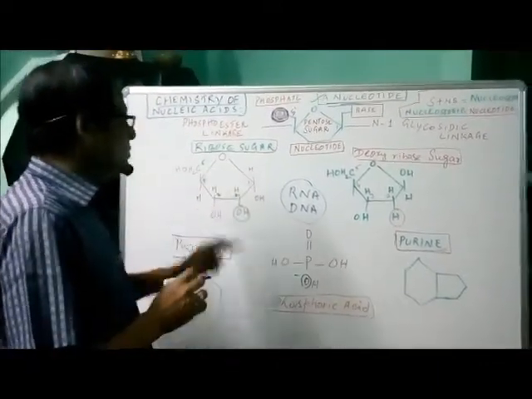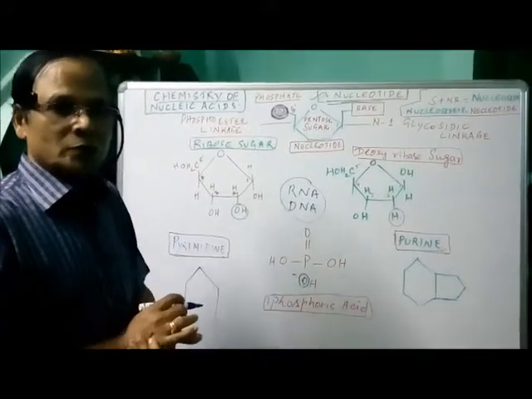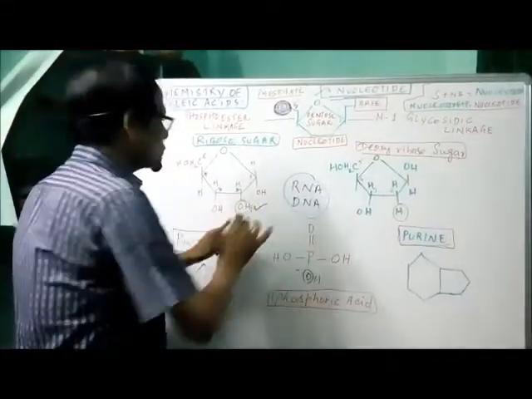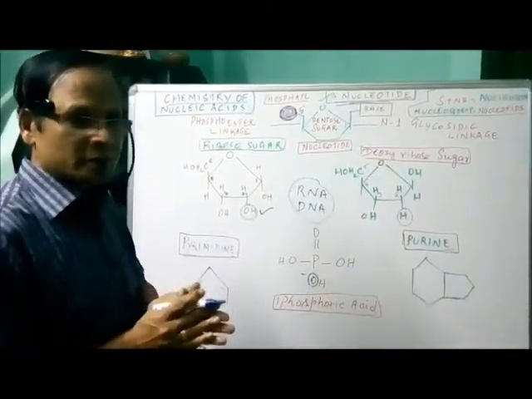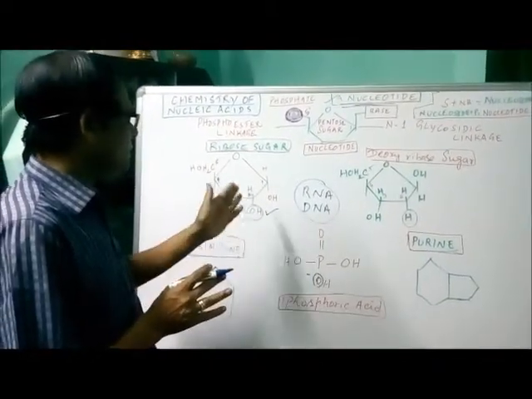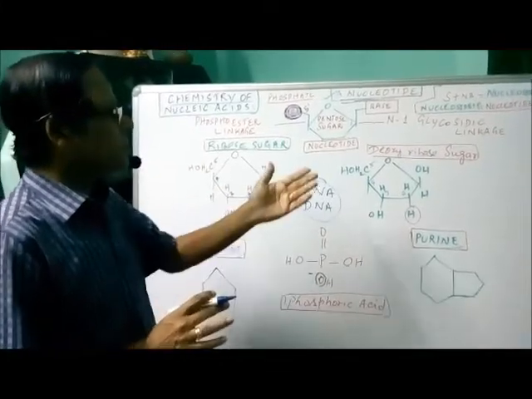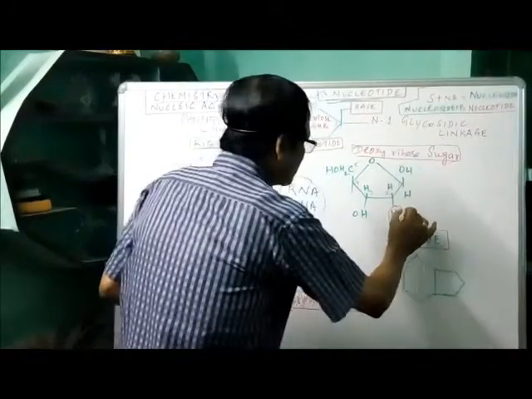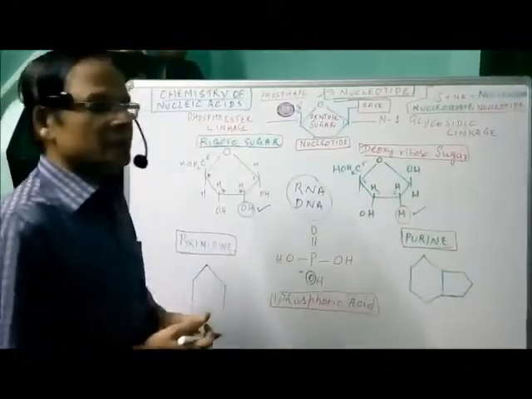If you take carbon 2, a hydroxyl group is attached to it in the case of ribose sugar. So ribose sugar has a hydroxyl group attached to the second carbon. But in the case of deoxyribose sugar, it has only a hydrogen attached to the second carbon.